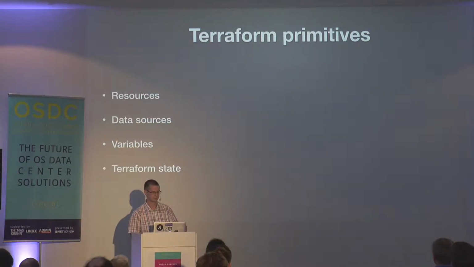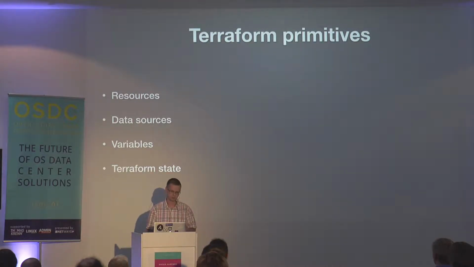To put everyone on the same level, let's go through the Terraform primitives which are important for this specific talk. There are resources, data sources, variables, and Terraform state. There are 20 other different types of primitives and concepts which are well described in the Terraform documentation.